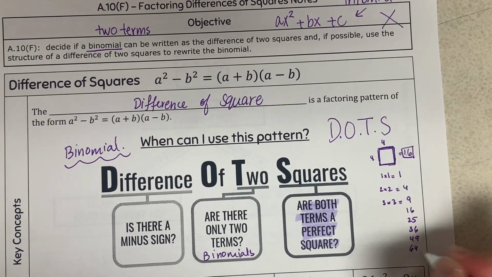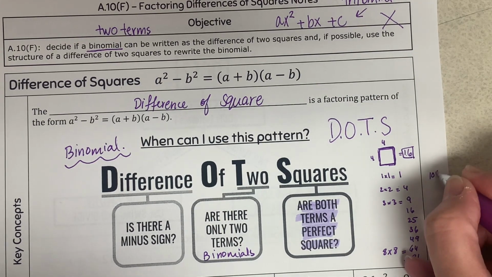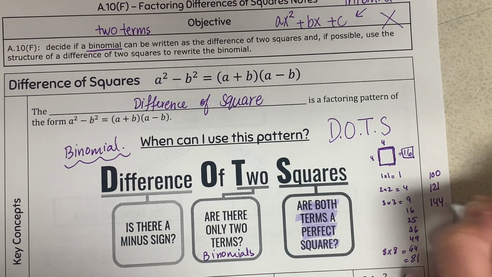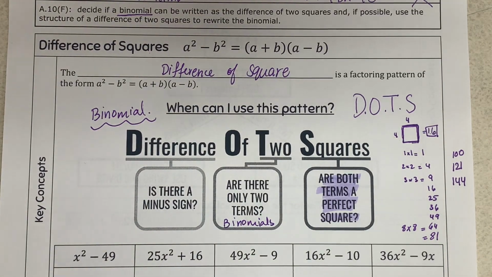Then 64. 8 times 8 is 64. 9 times 9 is 81. 10 times 10 is 100. 11 times 11 is 121. And 12 times 12 is 144. I'm just going to stop here. Memorizing these will make your math easier.